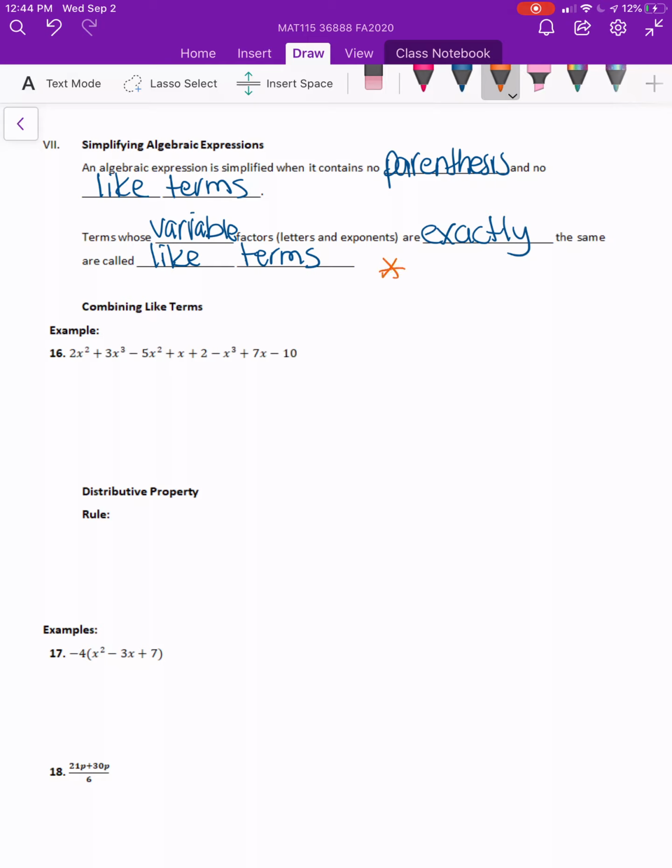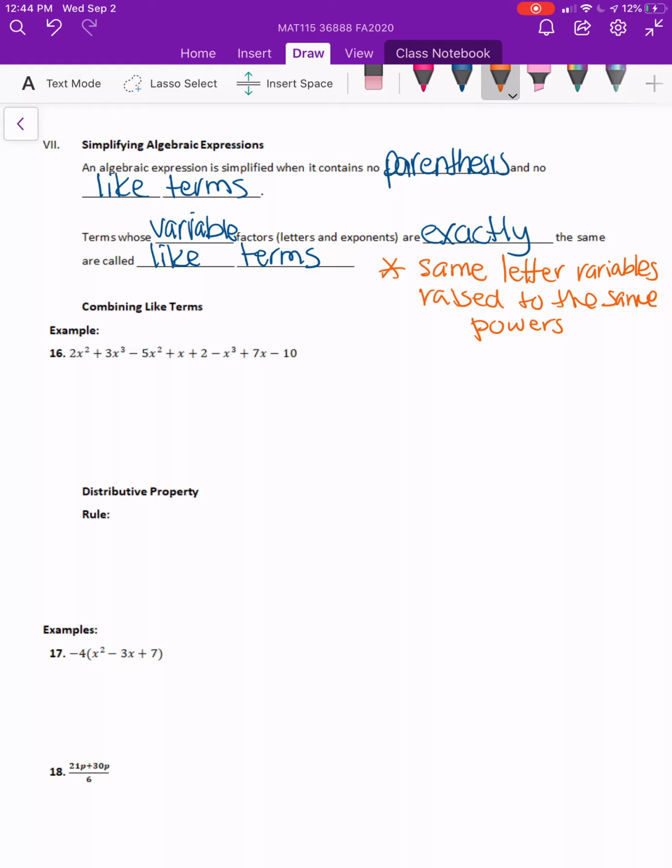So you can also say that they're basically the same letter variables, so same letters, raised to the same power. I'm going to say powers because sometimes there can be more than one variable. So same variables raised to the same powers.